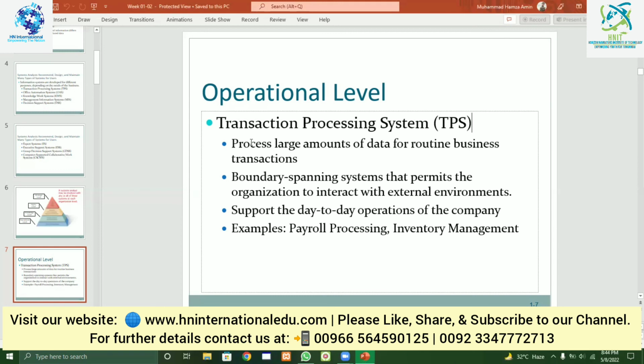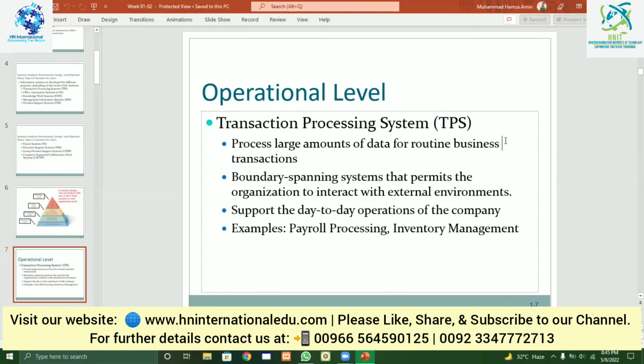It says processing large amounts of data for routine business transactions. You did a large amount of transactions. It is a boundary spanning system that permits the organization to interact with the external environment.